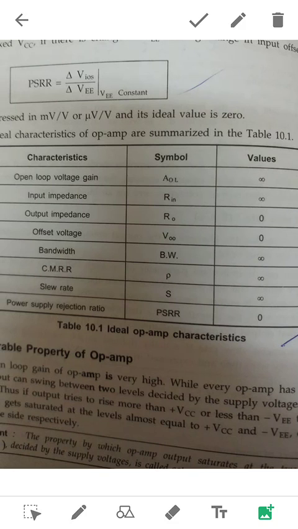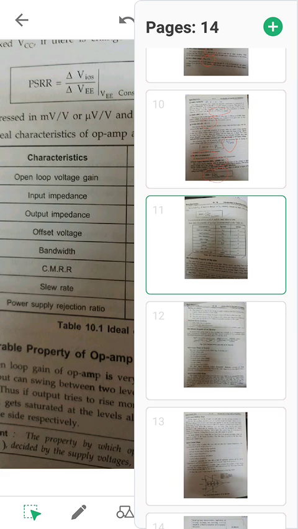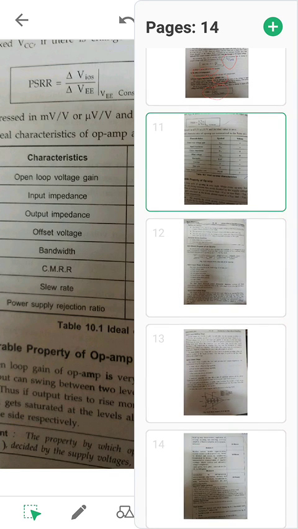Output impedance RO, 0. Offset voltage, 0. Bandwidth infinite. CMRR infinite. Slew rate infinite. Power supply rejection ratio 0. So please remember these points of the ideal characteristics of an op-amp.